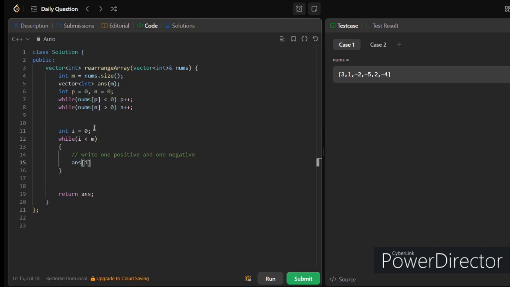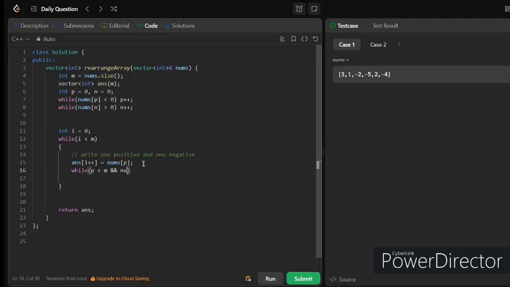We set ans[i] equals nums[p], and then because after this we want to increment i to move on to the next entry to write. And remember, p always marks the positive number, so we would like to move p, while p is less than m, it means we don't want to let the index go out of range.